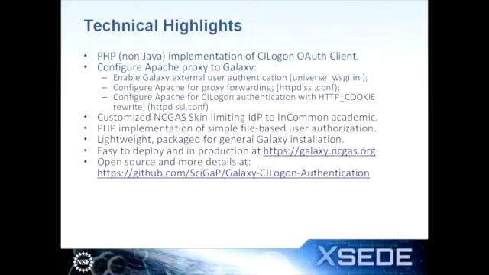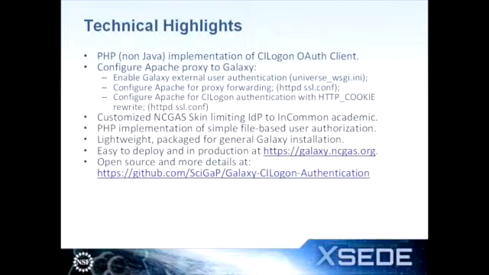As a recap of the technical highlights for the NCGAS Galaxy, we had a PHP implementation for the CILogon OAuth client, and we provide a set of configuration rules for both the Galaxy configuration file and Apache httpd.conf. Then we also worked with the CILogon group to have a customized NCGAS scheme so that when a user is directed to the NCGAS CILogon page, we are limited to only identity providers of InCommon academic institutions.